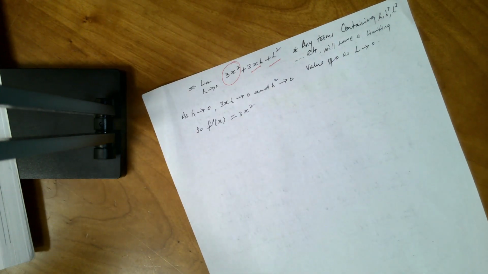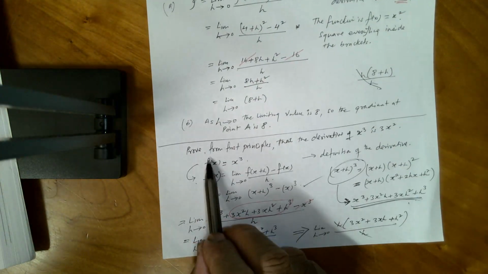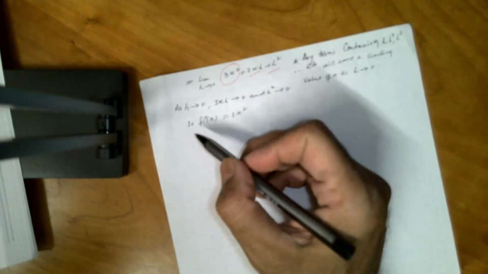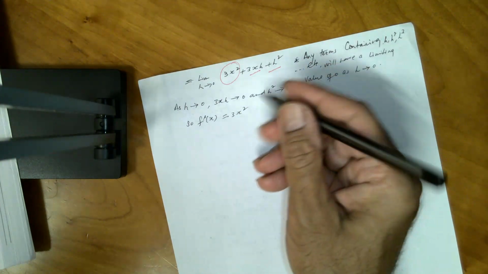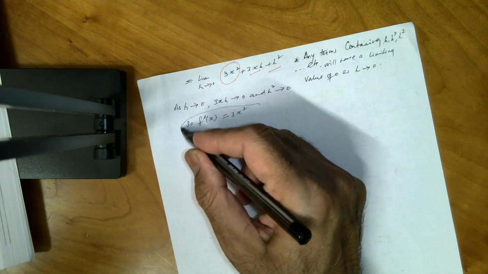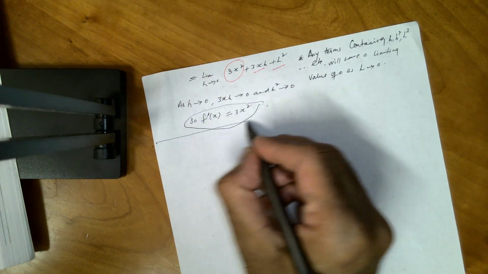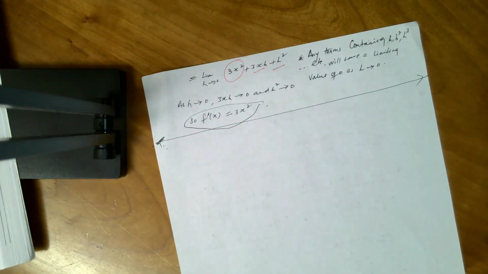Therefore the derivative of x cube, as asked here, prove from first principles that the derivative of x cube is 3x squared. And that's what we got here. So the derivative of x cube is 3x squared. Hope it's clear to you.